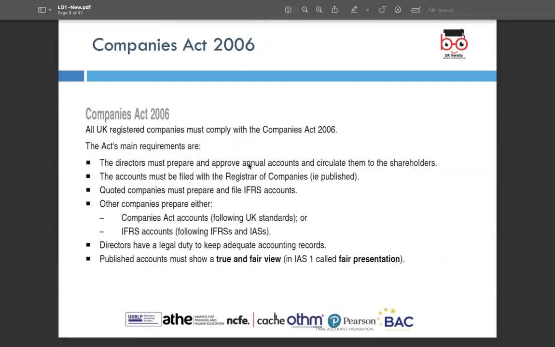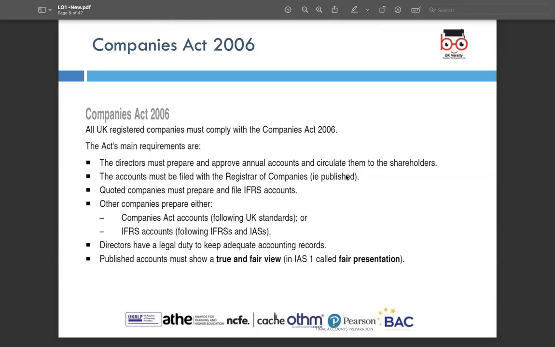Companies Act 2006. This act established legal requirements that all registered companies in the UK adhere to. Central to this legislation is the obligation for directors to prepare annual accounts and have them approved by shareholders. The Act's main requirements are: directors must prepare and approve annual accounts and circulate them to shareholders.